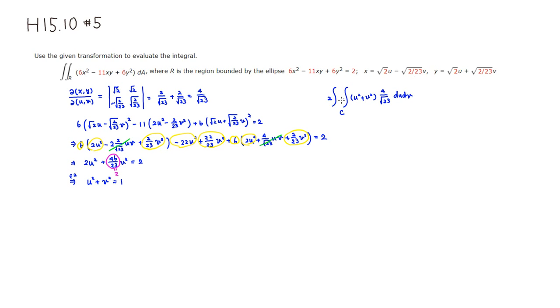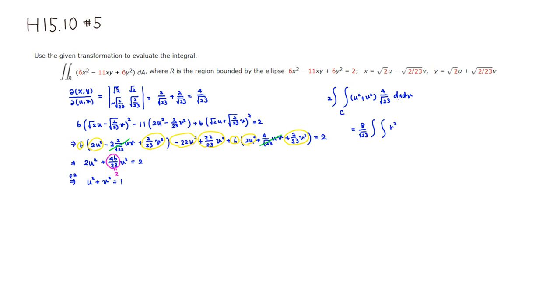But since we're doing the unit circle, I'm going to turn this into polar coordinates. So you have a 2 times the integral, u squared plus v squared is r squared, and this is just a number, so I'm going to put that outside. So it's going to be 8 over square root of 23.